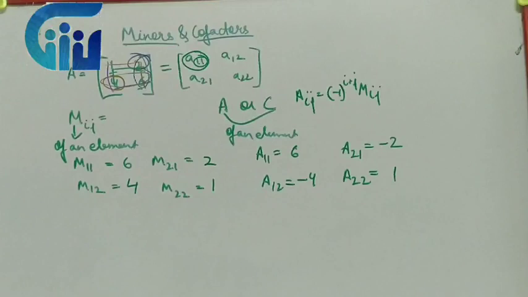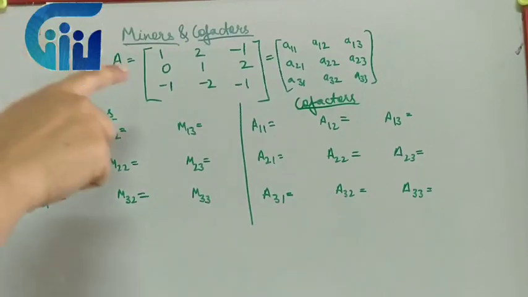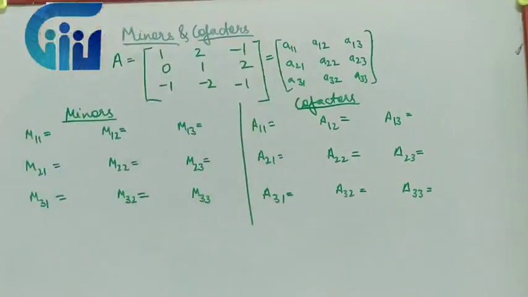Now let's move on to a 3 by 3 matrix. I have written a 3 by 3 matrix over here in general form. Now if I have to find the minors, minor I'll represent as M11. That means the value of this particular element A11.